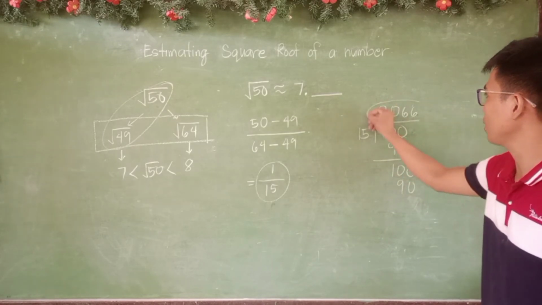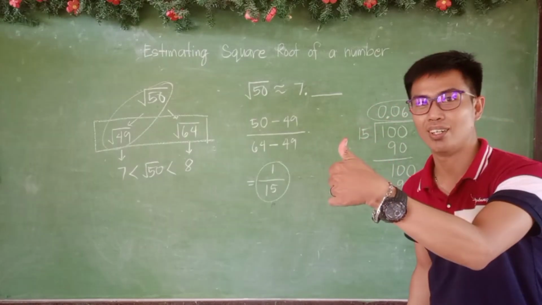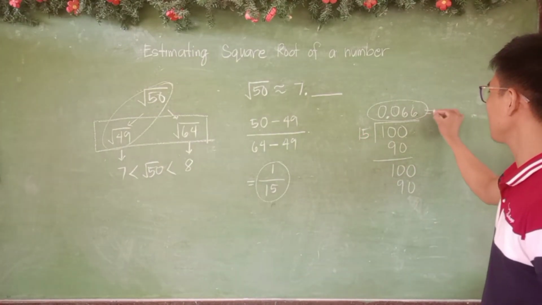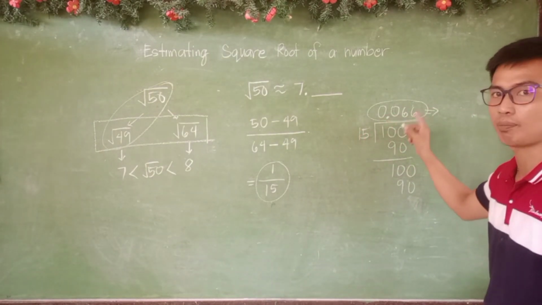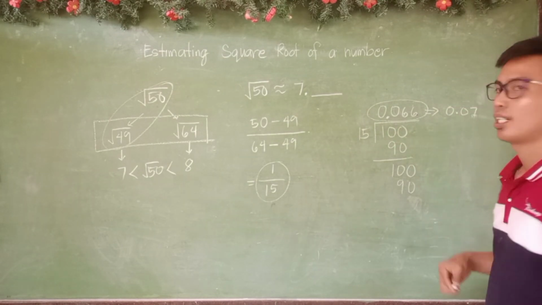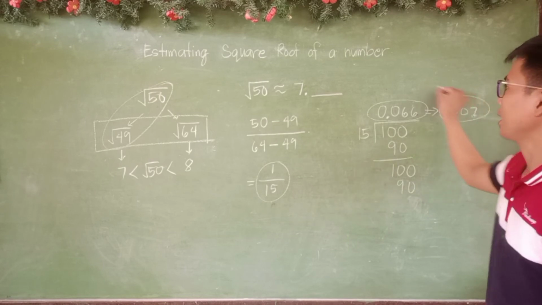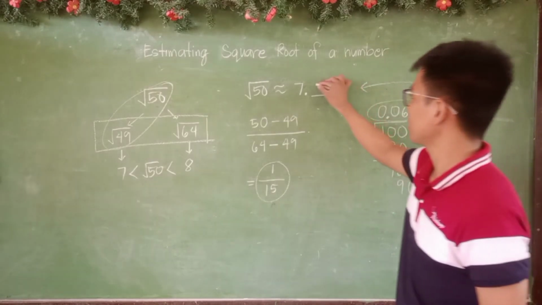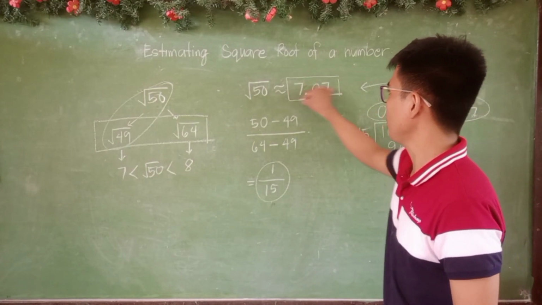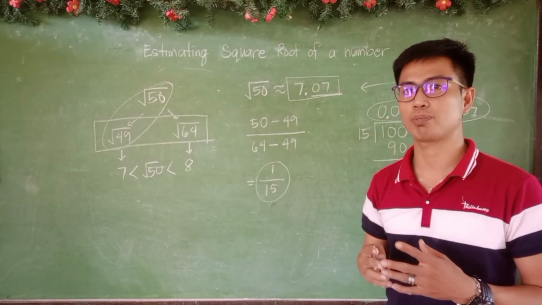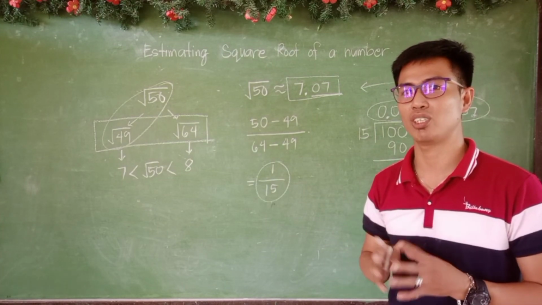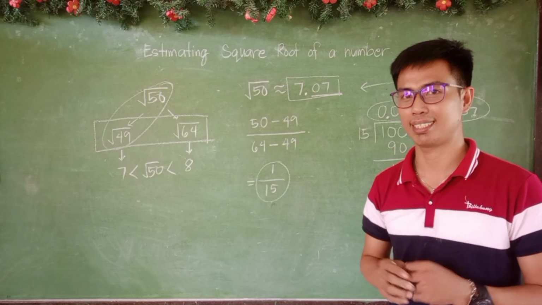Since tatlo na yung given natin, okay na yun. So pwede na natin kunin yung estimated value. Round off lang natin to the nearest 100. So 0.067, pag ni-round off natin is 0.07. Itong value na to, ang ilalagay natin dito, and that is 0.7. So therefore, the estimated value of the square root of 50 is approximately 7.07.